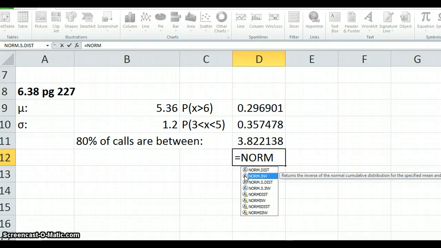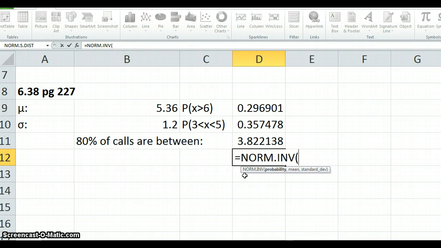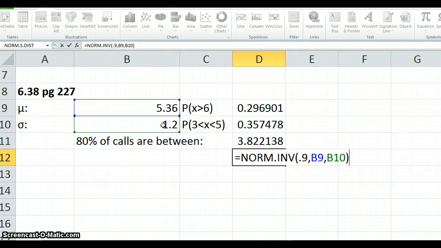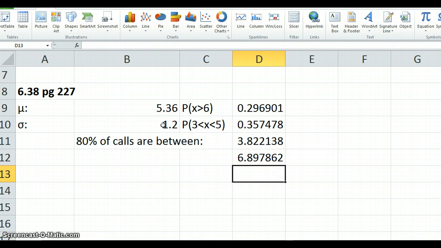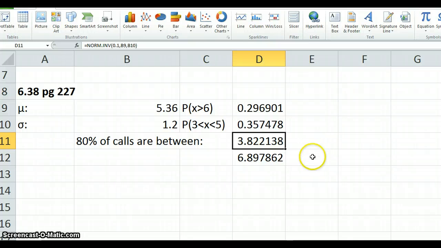NORM.INV with 0.9 and get 6.89. So that tells me, okay, 10% of the calls are below 3.822. That was the first value I calculated. 90% of the calls are shorter than 6.89 minutes. So that means 80% of the calls fall between 3.8 minutes and 6.89 minutes.